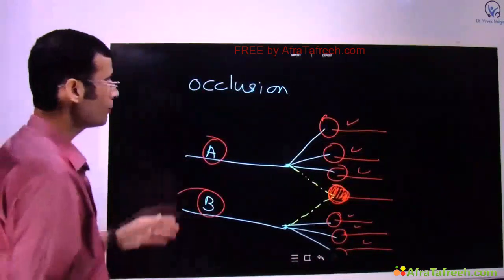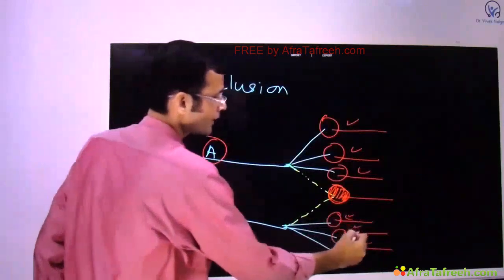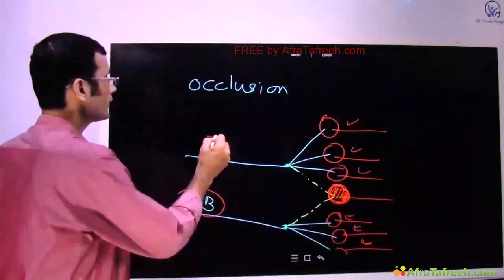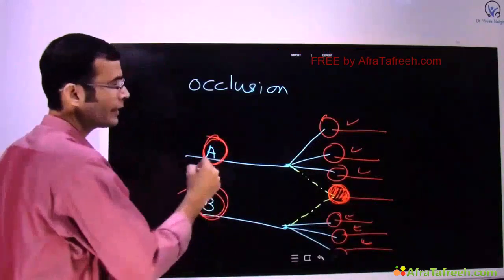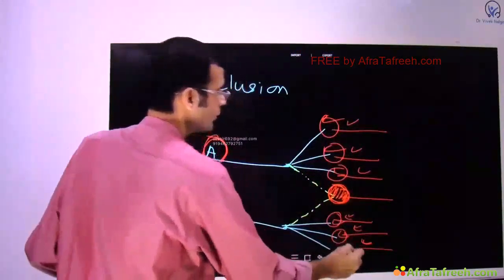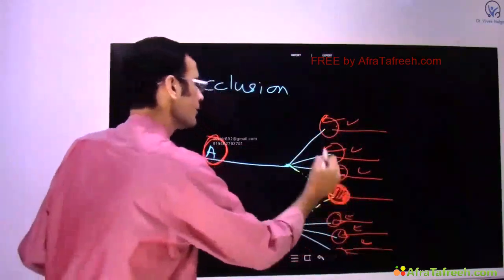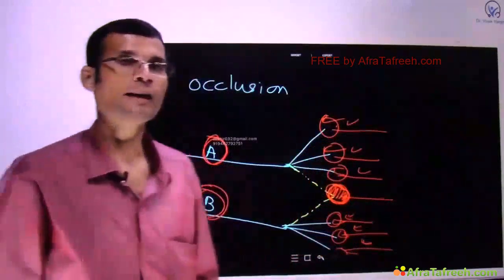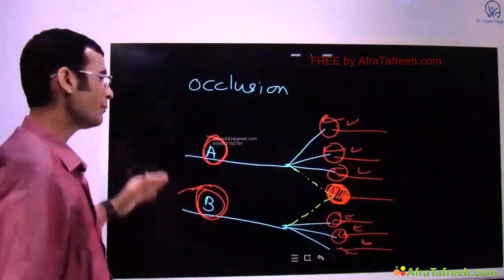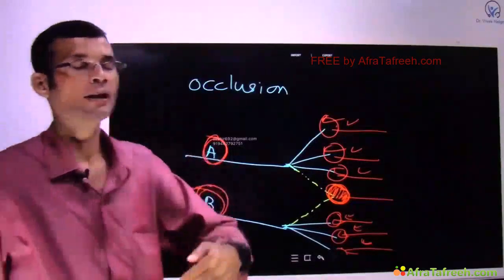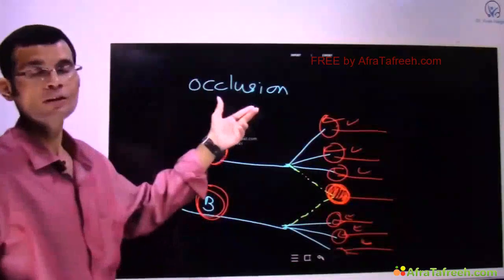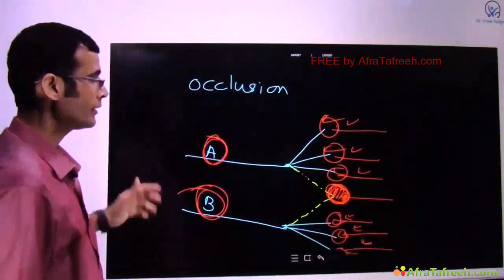Similarly, when an impulse arrives in B, 3 neurons excite definitely and the 4th neuron just excites subliminally. But when impulses come simultaneously in A and B, then the other 3 neurons, so 3 plus 3, and this 7th neuron also will start firing the impulse. So the combined stimulation of A and B achieves more response than the individual responses of A and B.